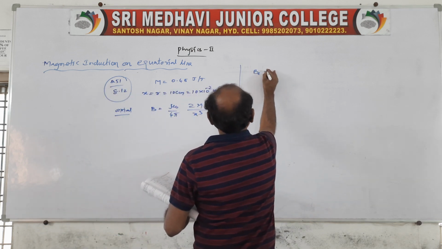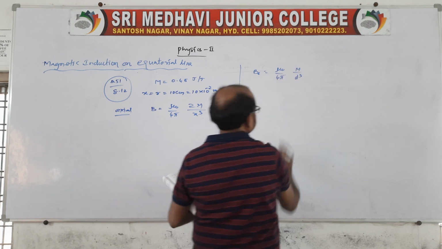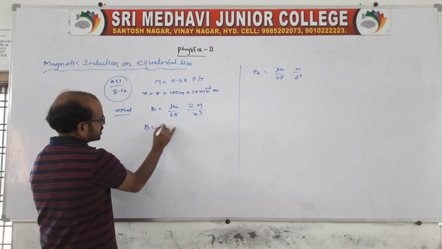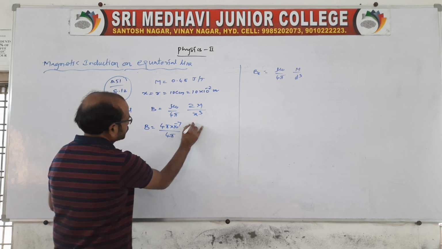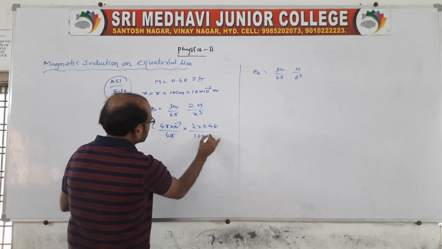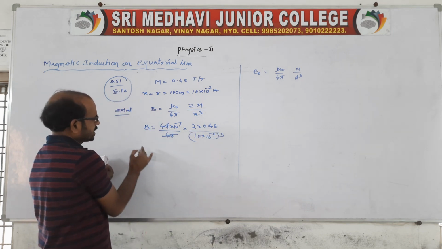What about on the equatorial? Mu naught by 4 pi into capital M by d cube, or x cube. Suppose you take mu naught as 4 pi into 10 power minus 7, by 4 pi, into 2 into 0.48 by x, which is 10 into 10 power minus 2, whole cube. Similar terms are cancelled.